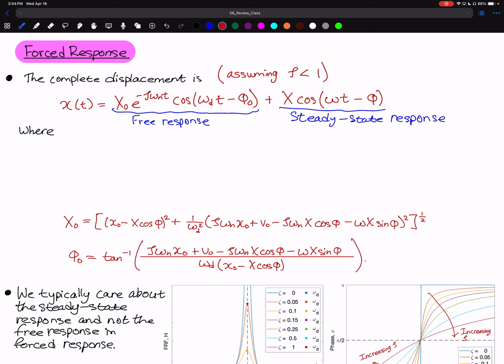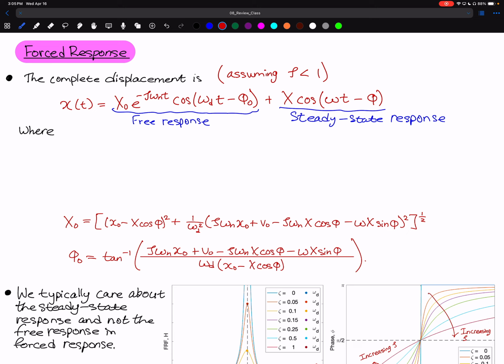All right, so when we deal with forced response, we are generally only concerned with the steady state. We're not so much going to care about the free response because the free response dies out in time, whereas the steady state does not die out over time. And that's why we call it steady state.